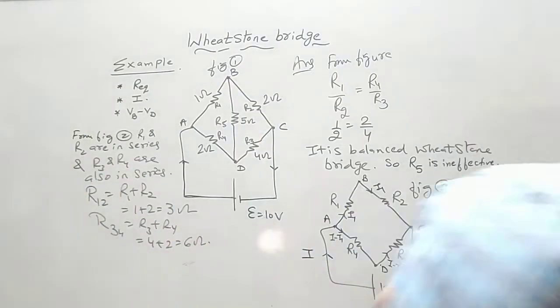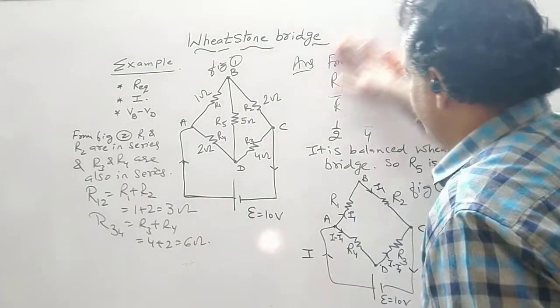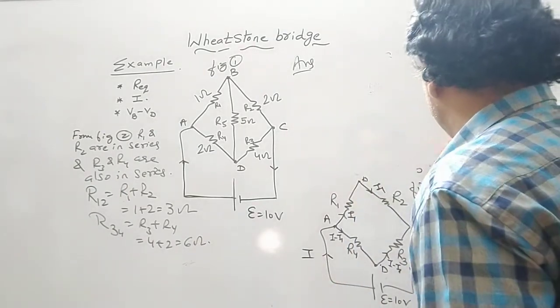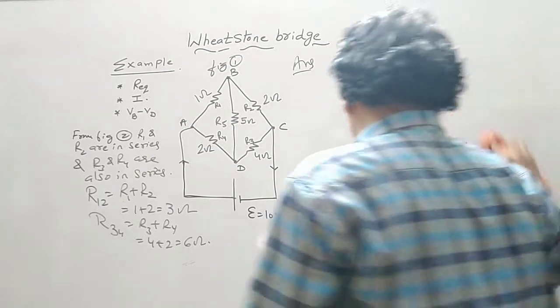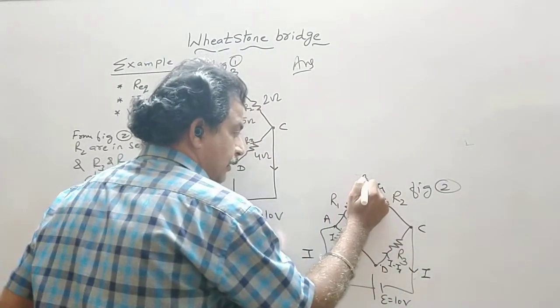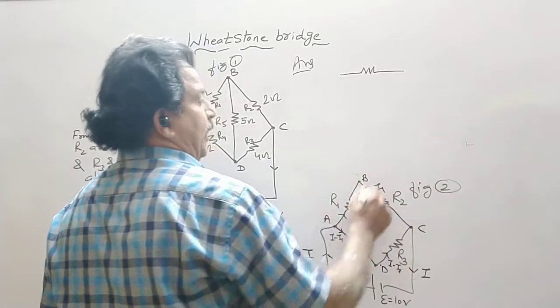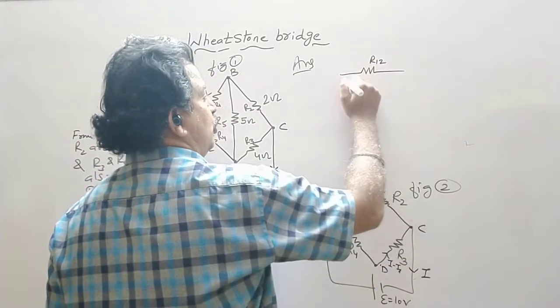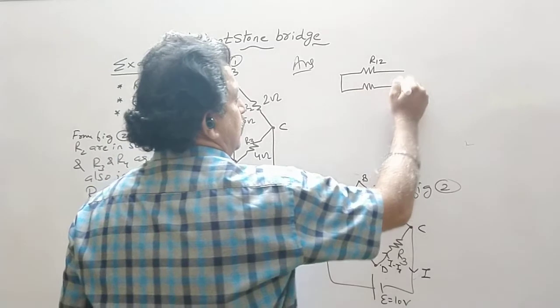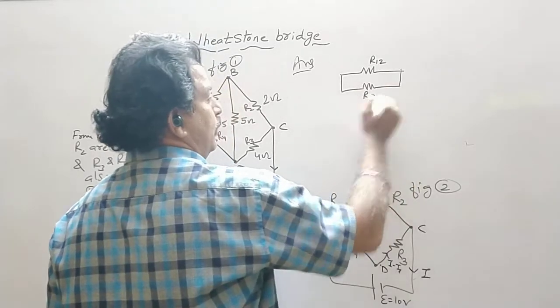Now I draw again the equivalent diagram, that is figure number 3. In the place of R1, R2, this is R12, this is R34.